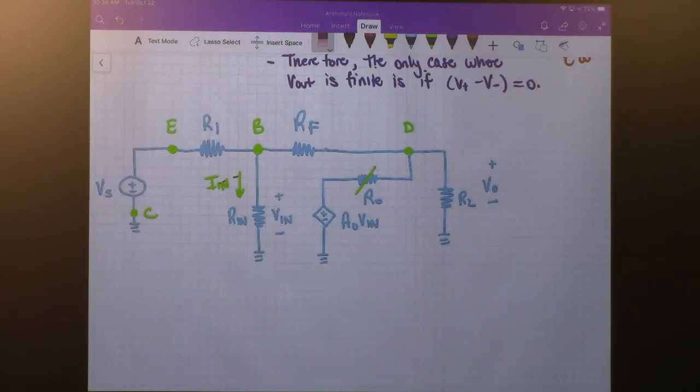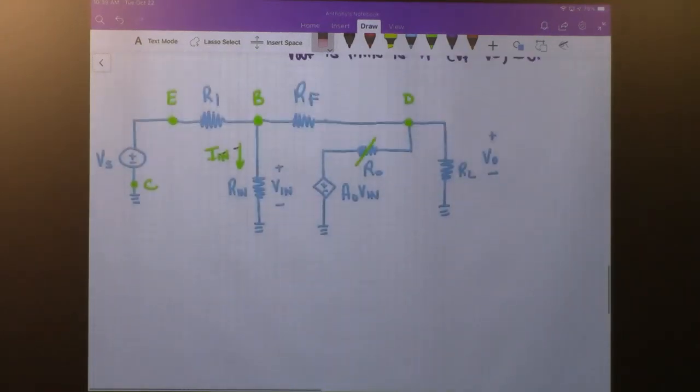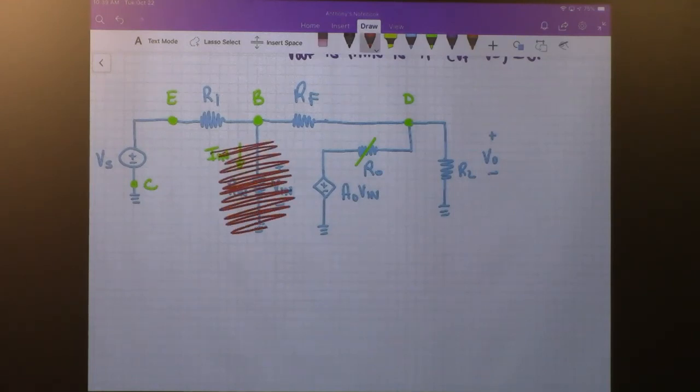Okay, so let's apply them one by one. We know that I in is equal to 0. So essentially what that means is that this path is going to go away. We know that there's no current flowing along that path. I in equals 0.